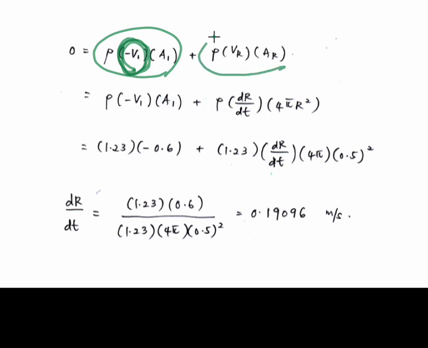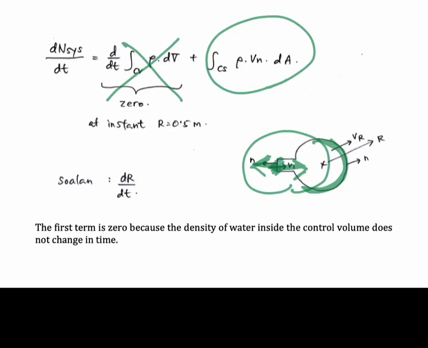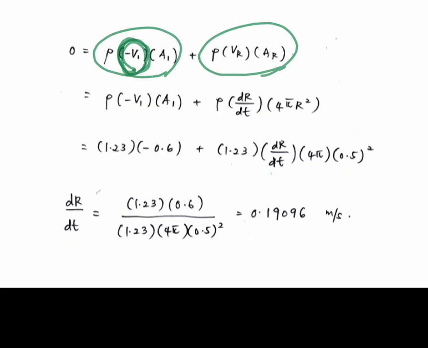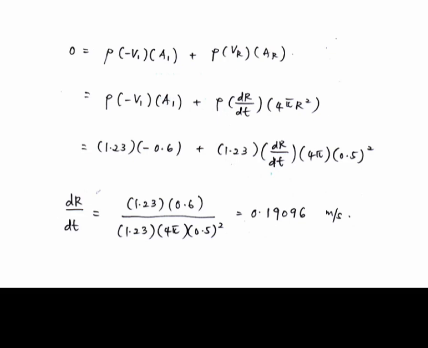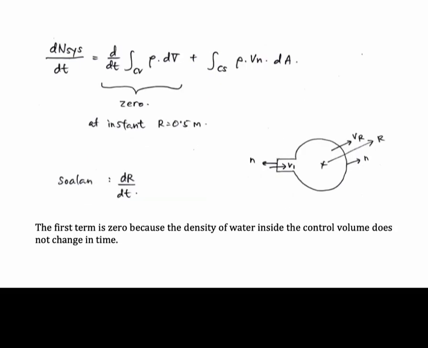And then for the second term, the evaluation for the surface of this one, we could write it as rho VR and AR. So we assume that the surface here will expand, which means it will move from this point to this point.